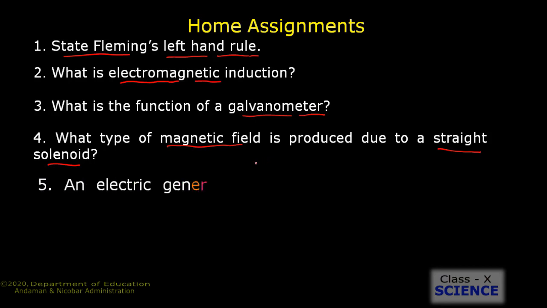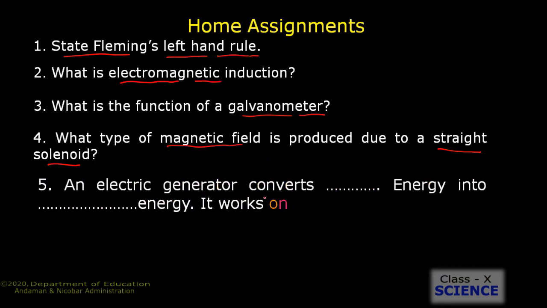Now the fifth question is, an electric generator converts dash energy into dash energy. At the end of this session we have discussed the electric generator. There I told you the energy transformation, right? So here you have to write which energy is converted into what energy.